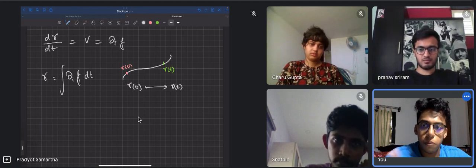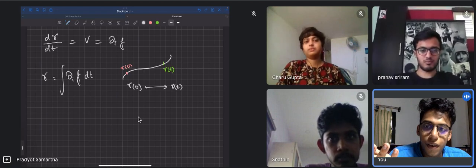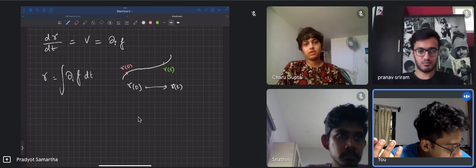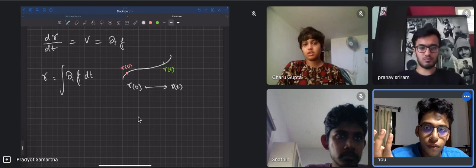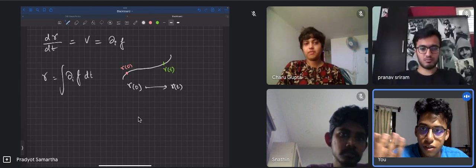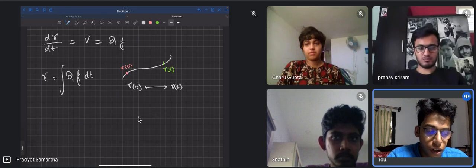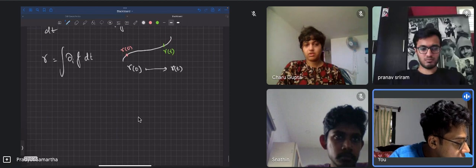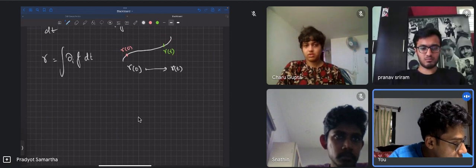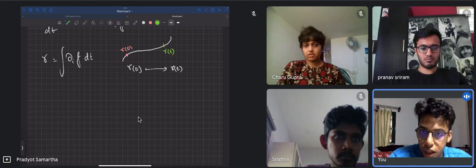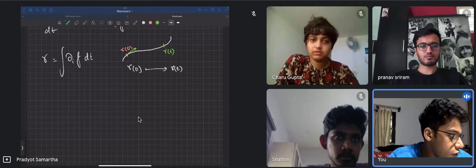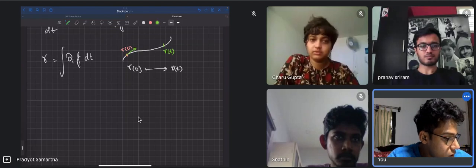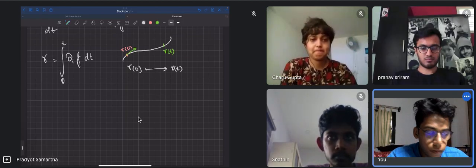If you look at it, first of all, your f is not a function of t. That is understood. f is completely independent, t is completely independent. So this is nothing but the directional derivative at a point t naught, and then you're integrating it from, say, 0 to t.